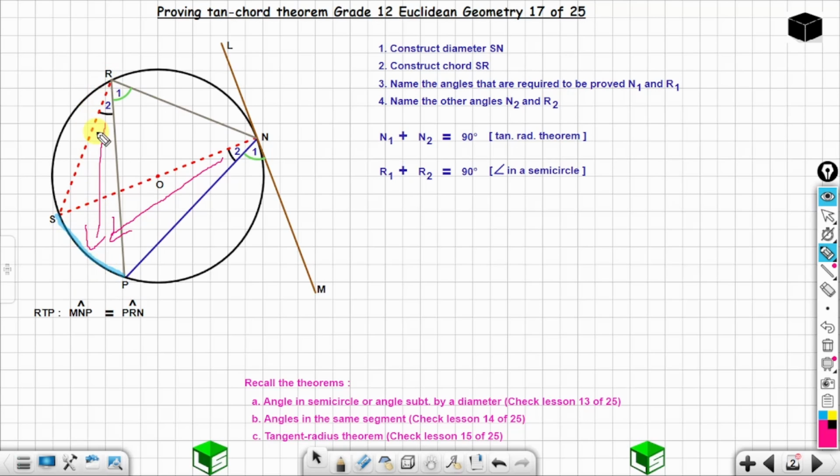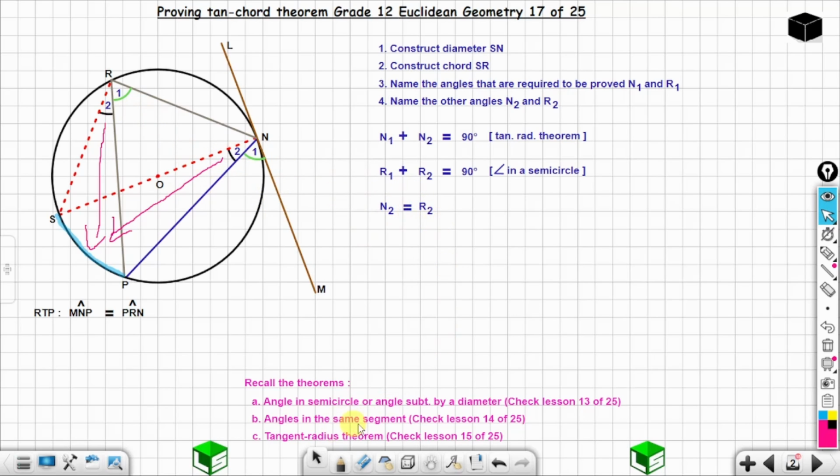R2 and N2, can you see they are subtended by the same arc? You can follow the lines. Because the two angles are subtended by the same arc, these two angles are equal. So N2 is equal to R2.